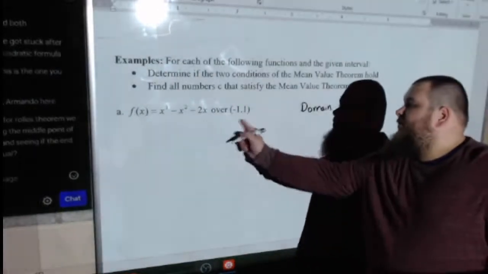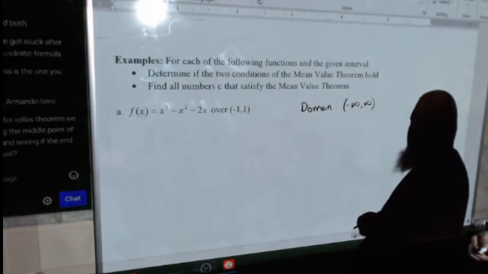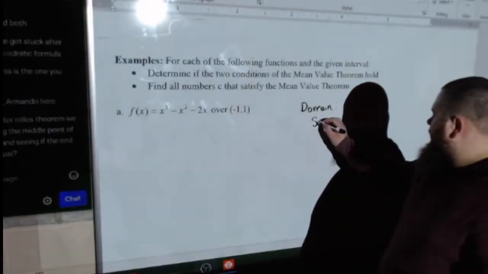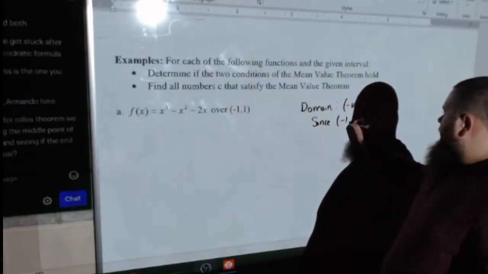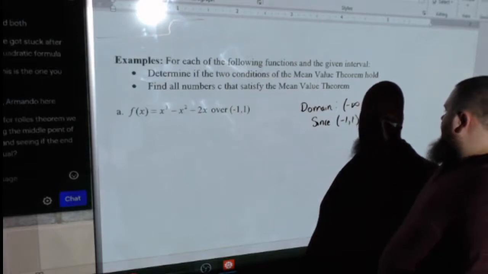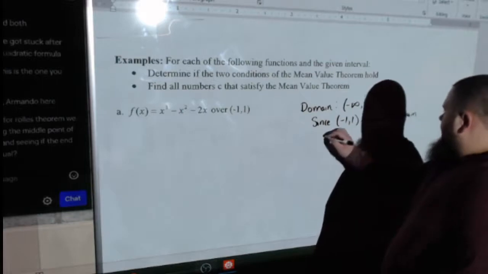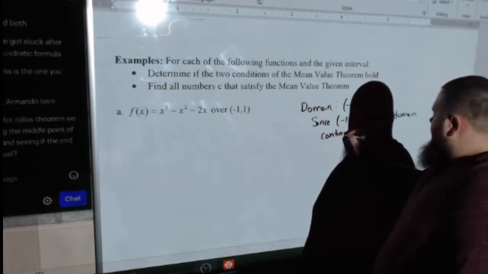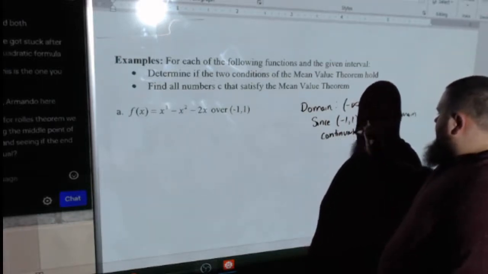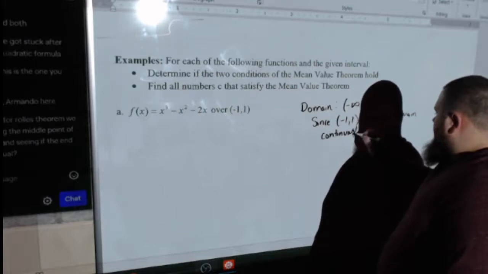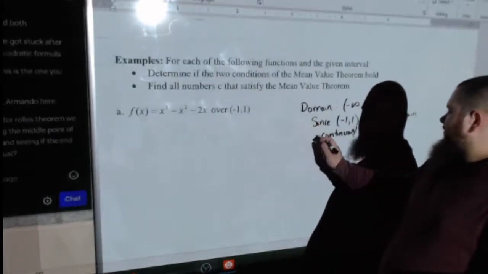Negative 1 to 1 certainly fits in that domain. So because this is in the domain, it is continuous. That's the first thing we had to show.